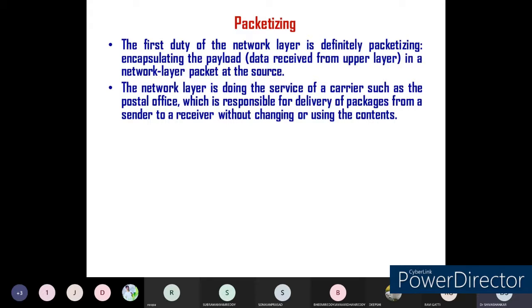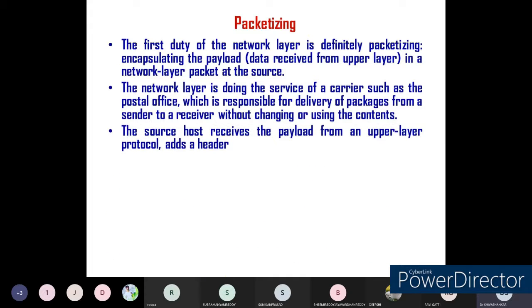So the packet content should be the destination address, means to which computer or destination the data has to be delivered, and what type of data or which data has to be delivered. Those are the contents of packetizing.